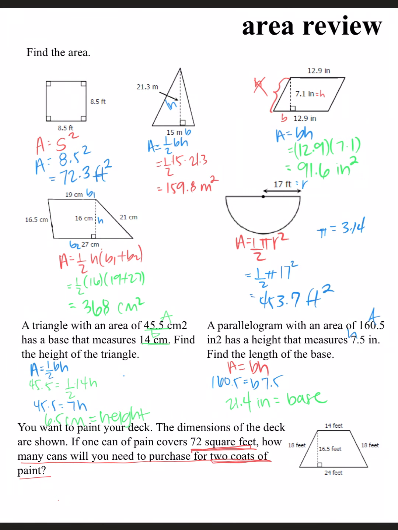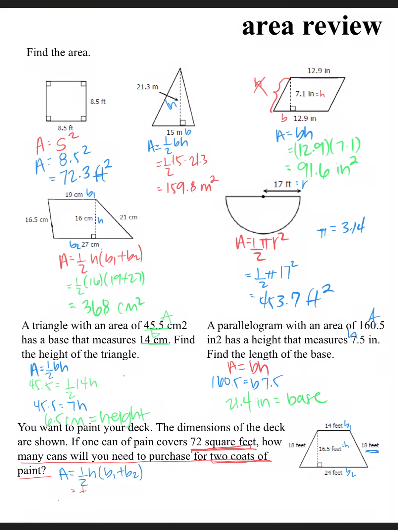Alright, so we first need to find area, and this is the area of our trapezoid. So area equals 1/2 height times base 1 plus base 2. So this is base 1, base 2, and this is our height. Remember, this out here is not our height, it's just the slanted side length.